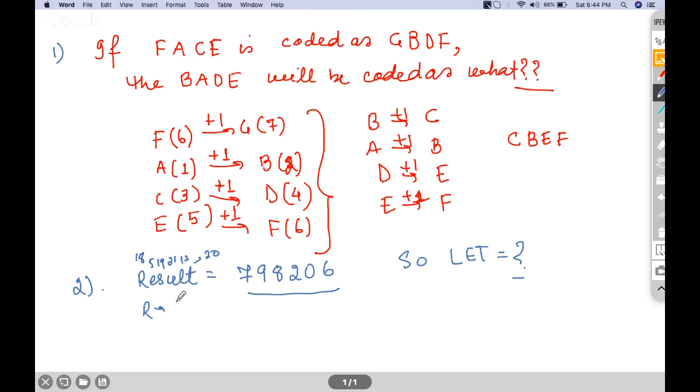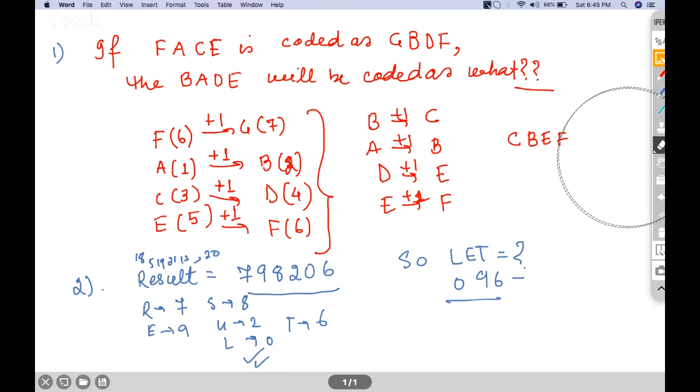In this random coding, R is 7, E is 9, S is 8, U is 2, L is 0, and T is 6. So I'll just pick the codes from here: L is 0, E is 9, and T is 6. So the coding is 096, as simple.